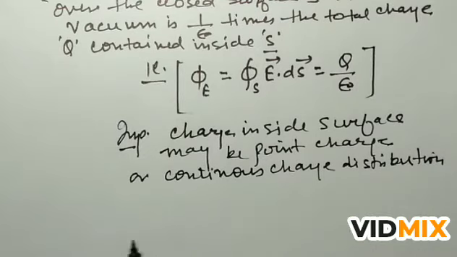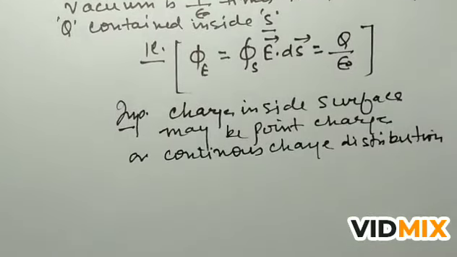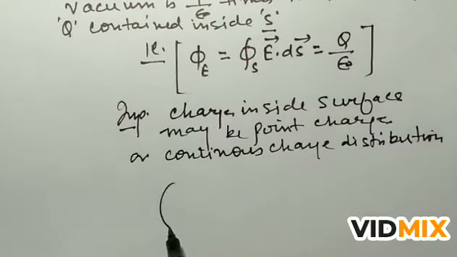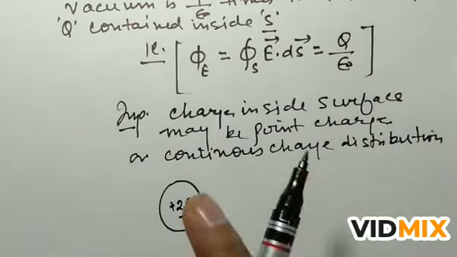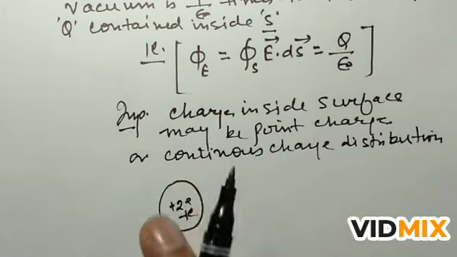So suppose this is a closed surface, and inside there are two charges, plus 2E and minus E. So what is the total charge? Since charges are additive in nature, तो उसमें कुल कितना charge होगा?